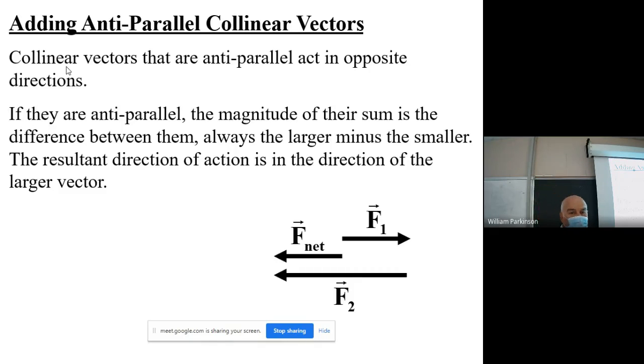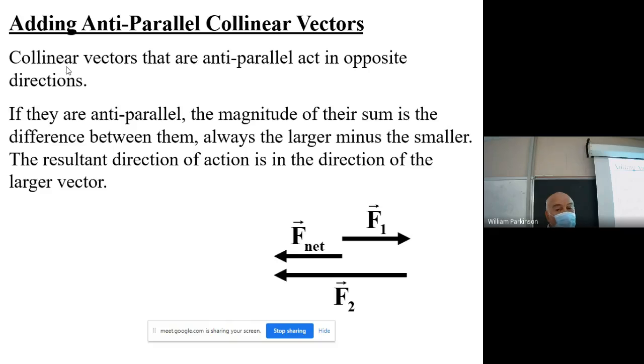If you're pushing twice as hard as your buddy from the opposite way, the object that's being pushed is going to move the way you're pushing it. However, because your buddy is pushing opposite of you, the action you're supplying will not totally transfer to the object.